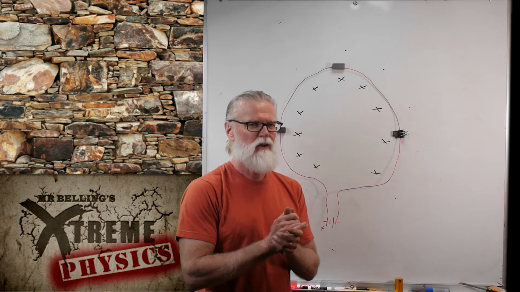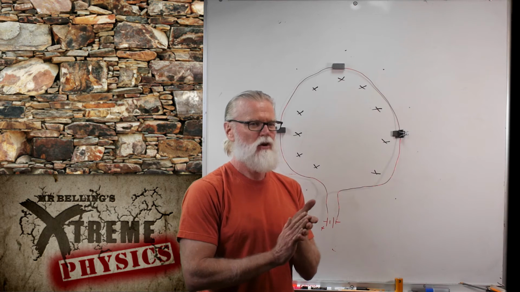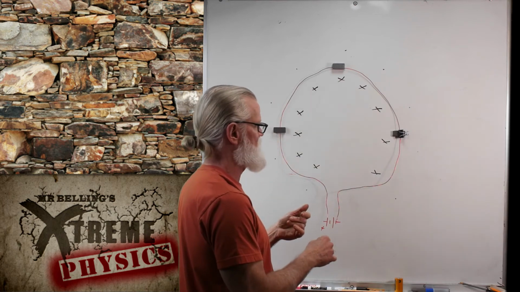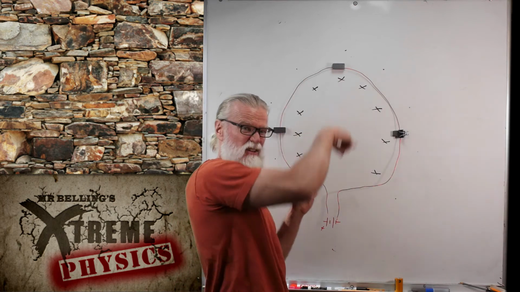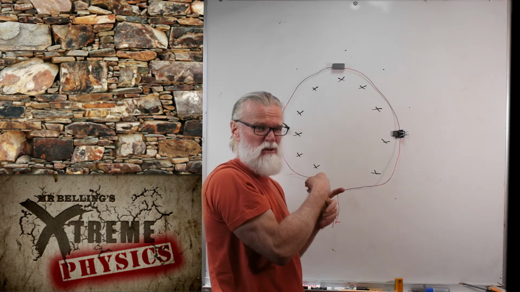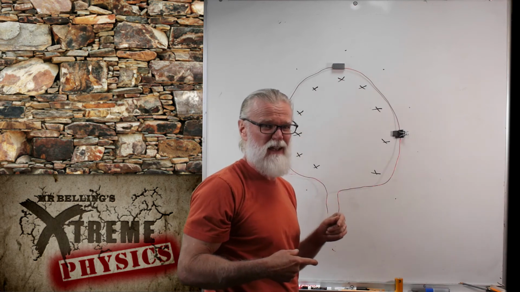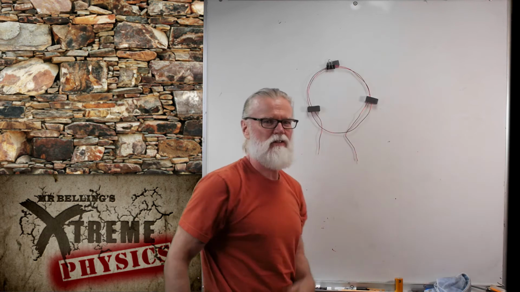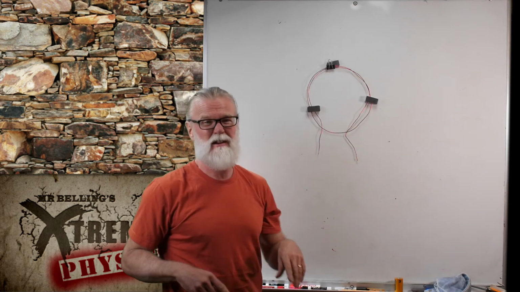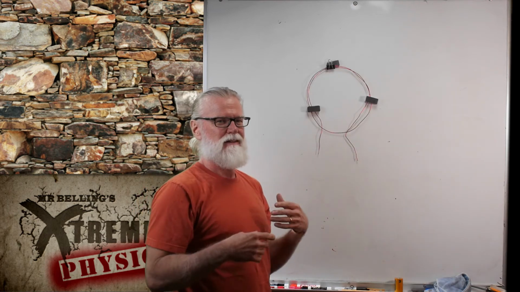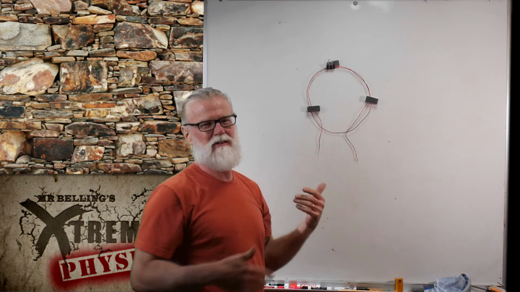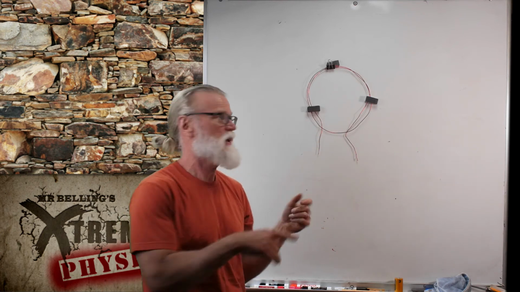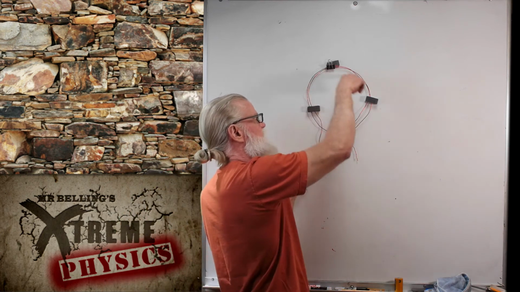And now what I want you to do is think about this. What would happen if we took this and instead of having just one loop, we had two loops? So I'm going to loop that around again. Let's see what would happen. So now I have my loop. I had to make it smaller because I ran out of wire. Let's assume it's the same size. Let's say everything's the same, except now I go around twice.